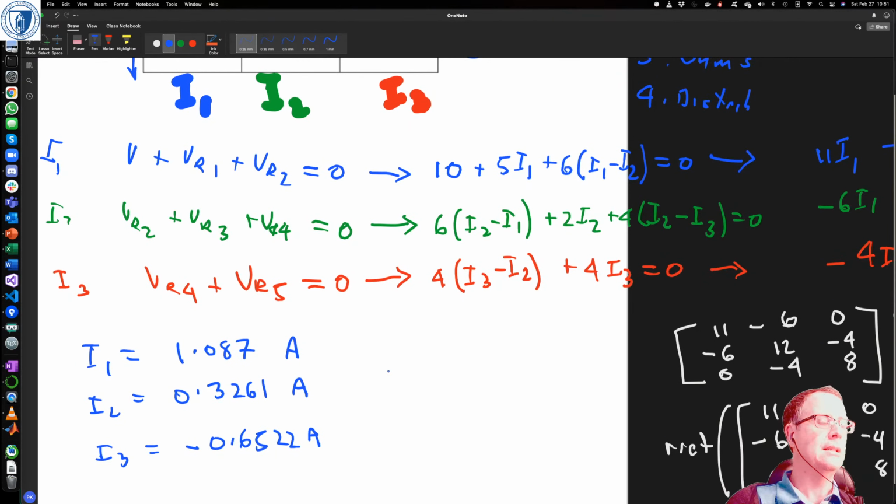So just an aside, when you write down your numbers, I recommend you write down 4 significant figures.